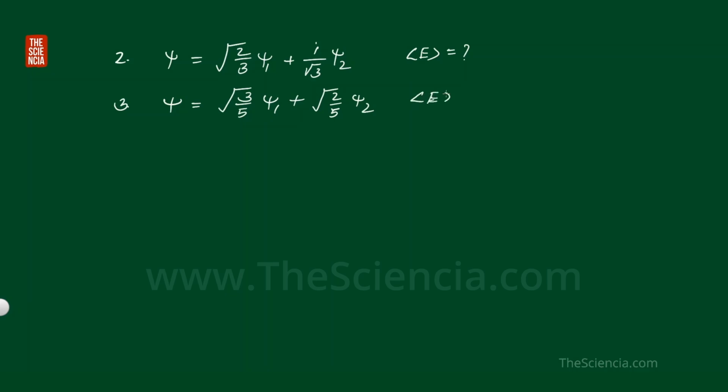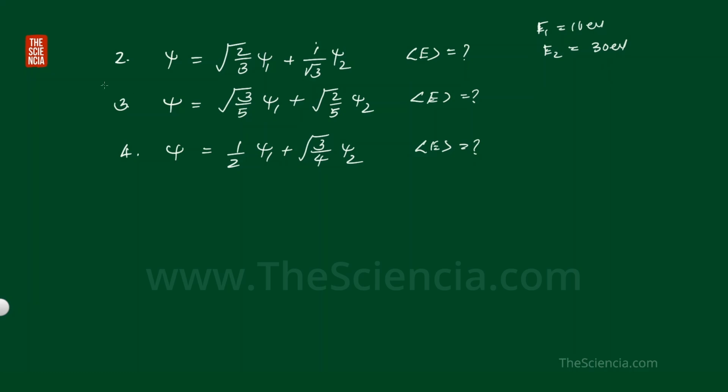Again find the average value of E. And the fourth one: psi is equal to 1 by 2 psi 1 plus root 3 by 4 psi 2. Find average E. Here E1 is equal to 10 eV and E2 is equal to 30 eV. Please solve it. This is homework for you.